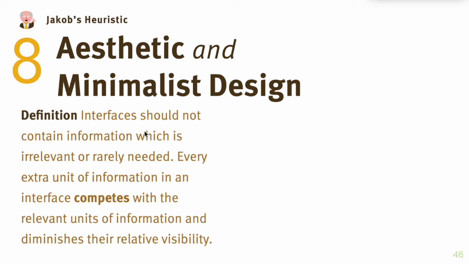So the eighth heuristic is the aesthetic and minimalist design. Interfaces should not contain information which is irrelevant and rarely needed. Every extra unit of information in an interface competes with the relevant units of information and diminishes their relative visibility.